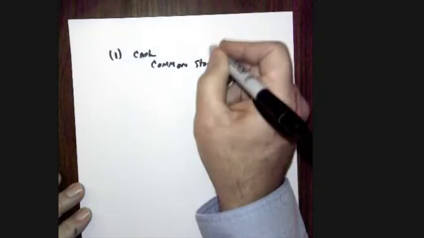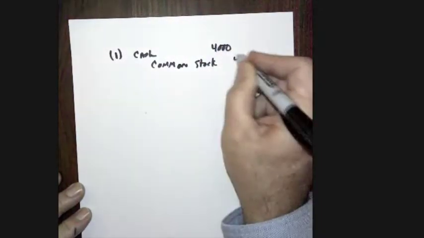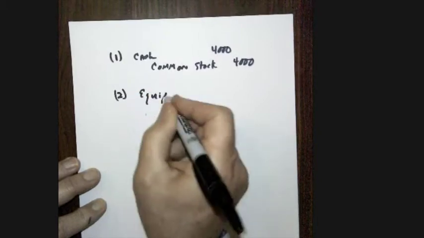Of $4,000, the amount invested in the company. The next transaction is the Sheldon Cooper Company purchased equipment on account for $1,200. As we saw in the previous example, this is an asset they're acquiring, and I'll indicate that with an A there.